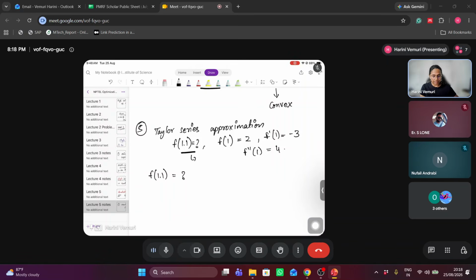The approach is correct, but I need a value for f of 1.1, not in equation form. I need a final answer.